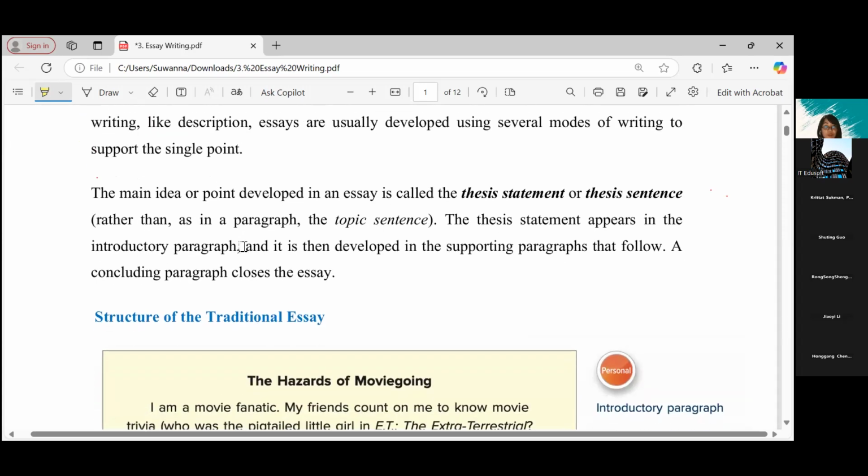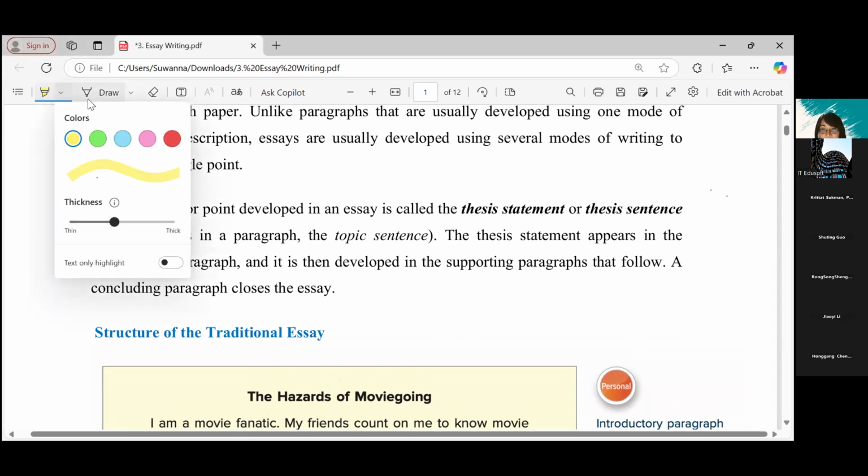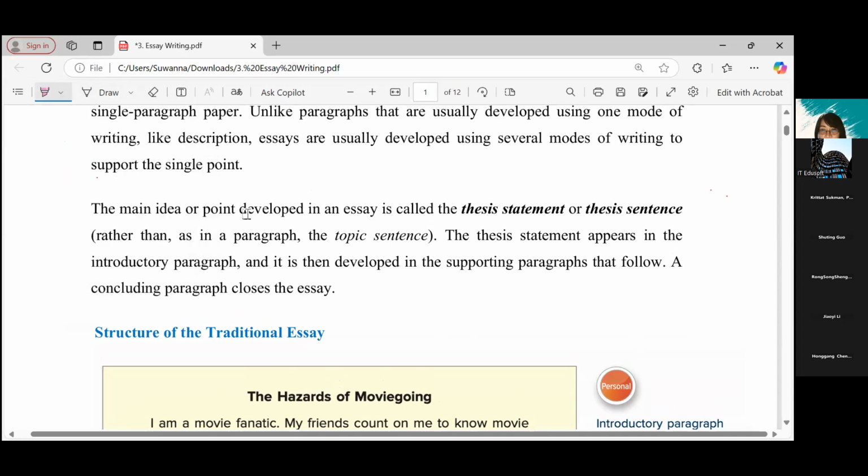And guys, this is important. I'd like you to highlight this one as well. The main idea or point developed in an essay is called the thesis statement or thesis sentence. I would change the color. Pink. Yeah, because I am sweet, right?